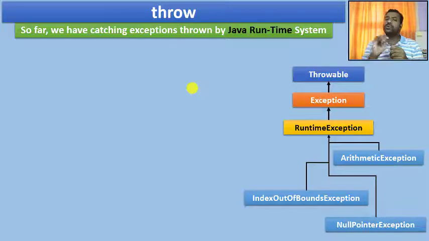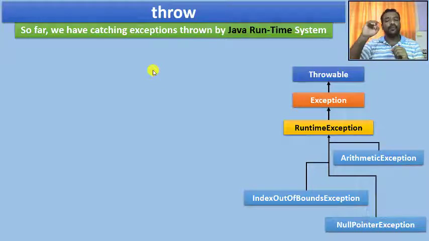But now using the throw keyword, you have a chance to throw the exception by yourself as a programmer in your program whenever you want. Hence you need not wait for a runtime error to occur to throw an exception. Whenever you want, you can throw an exception. That is what the usage of the throw keyword is going to be.